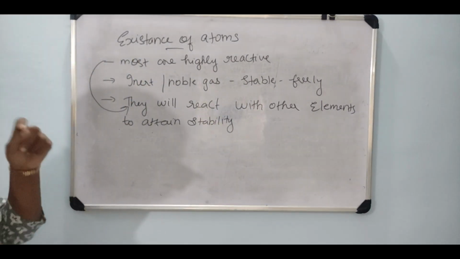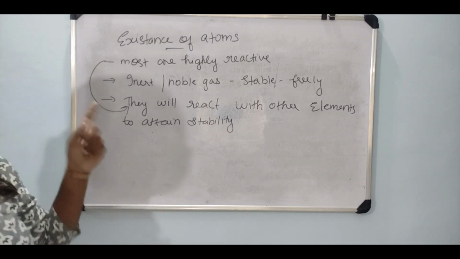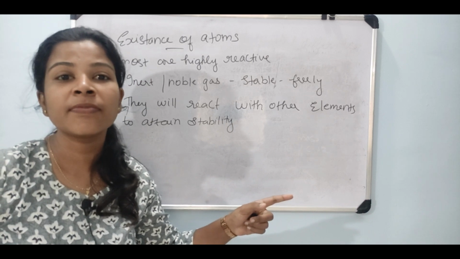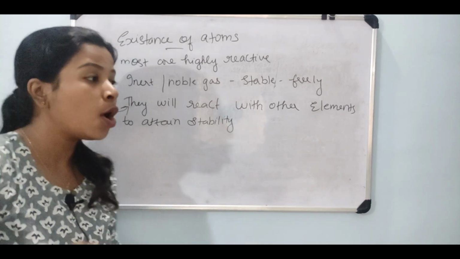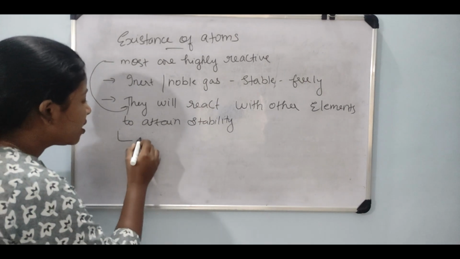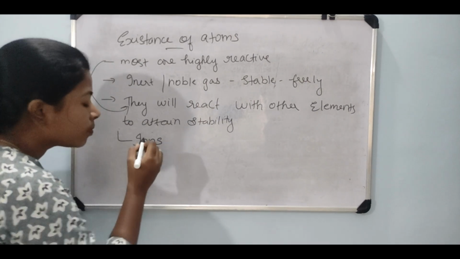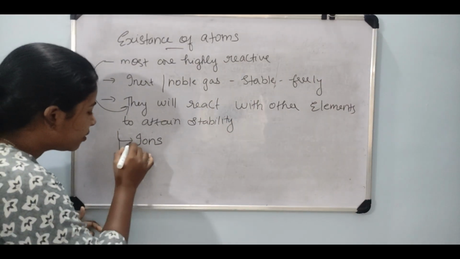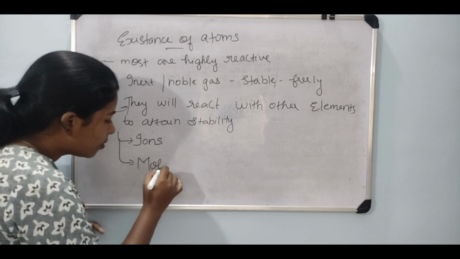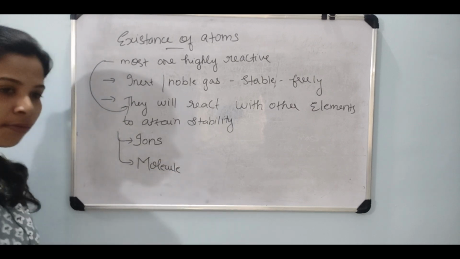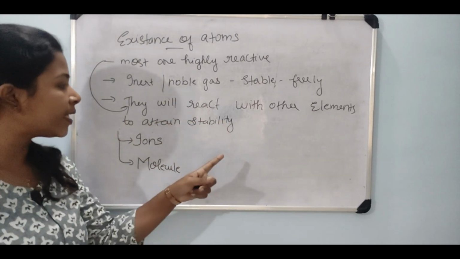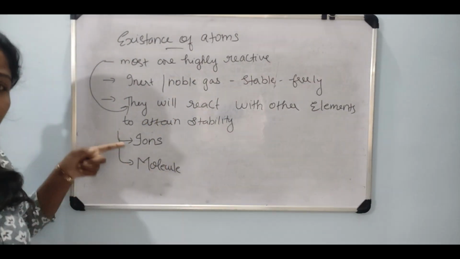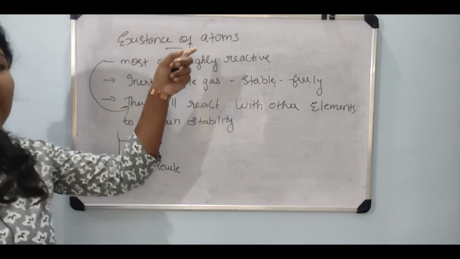So when they react with other elements to attain stability, two types of atom existence can be seen. One is ions, the other one is molecules.